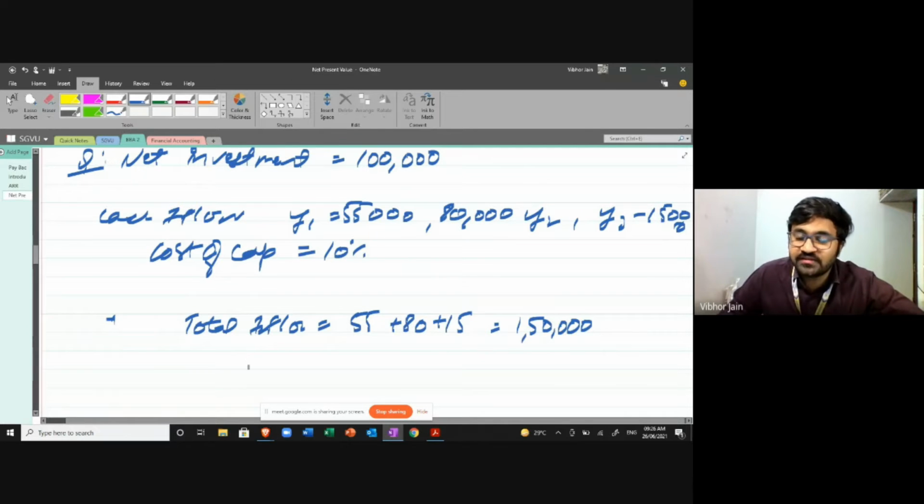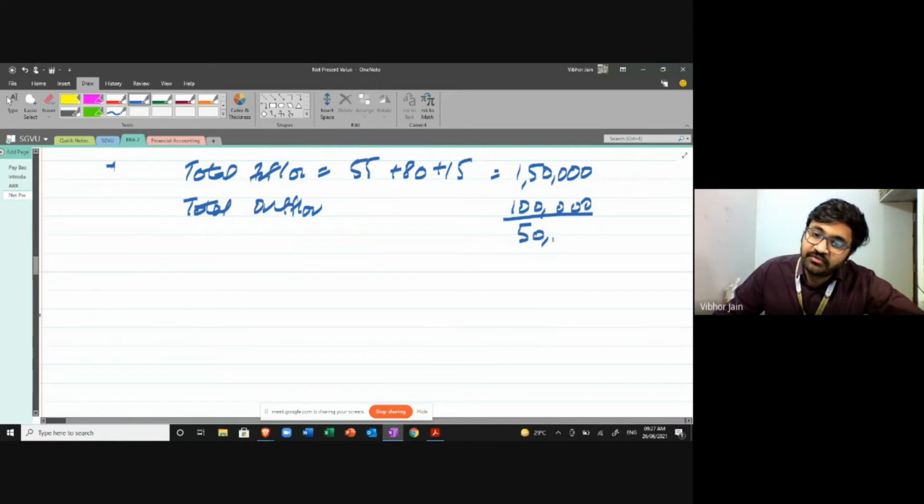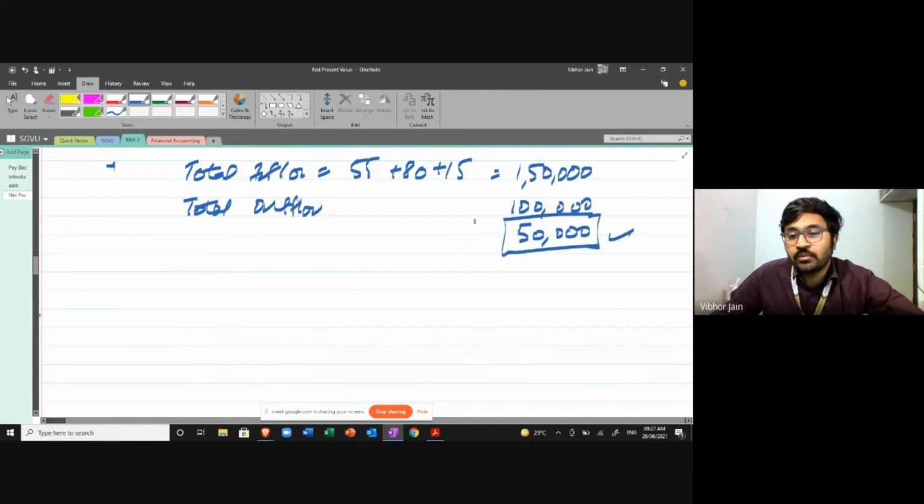And the amount you have to invest today to get this return is 1 lakh. So you might think the total gain is 50,000, which means the project is beneficial and we should accept it. But that might not actually be the case.